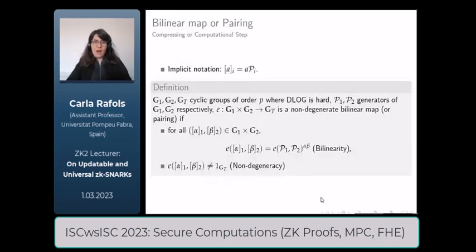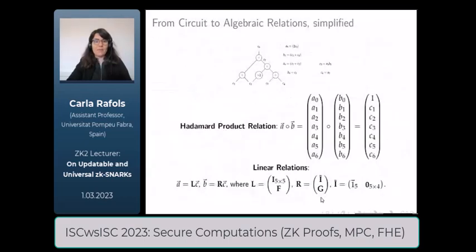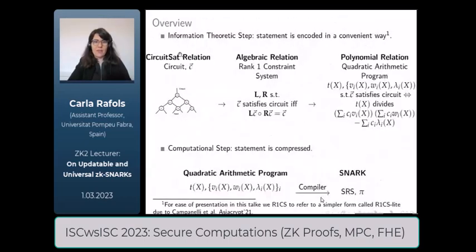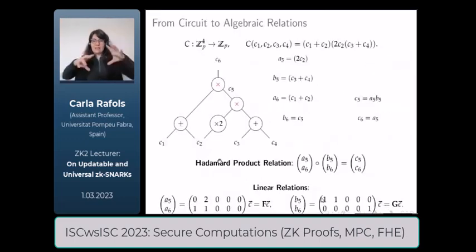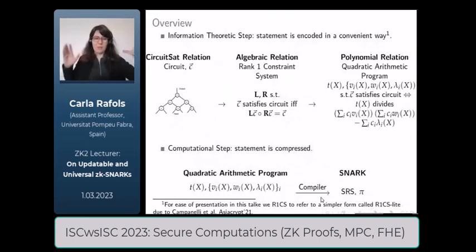Now we move to the other, so as I said, we have two parts, okay? First we have these information theoretic parts where we are doing nothing but rewriting the statement. And now we have this computational step where this very large statement is compressed to doing a few checks, okay?